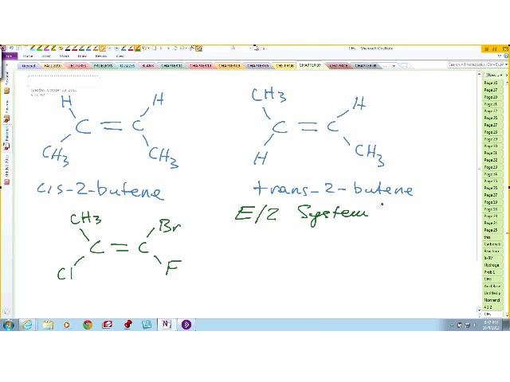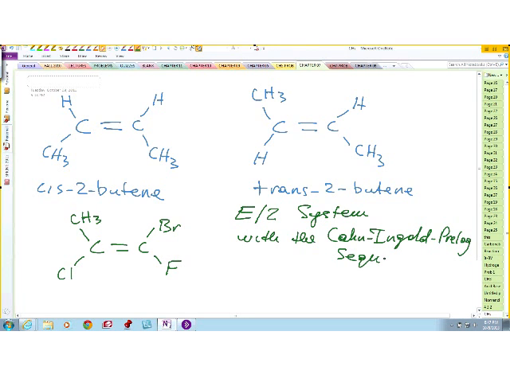And when you use the E-Z system, you then use the Cahn-Ingold-Prelog sequence rules. So we know what the Cahn-Ingold-Prelog sequence rules are. In this case, you take a look at each carbon of the carbon-carbon double bond, focus on one carbon at a time.